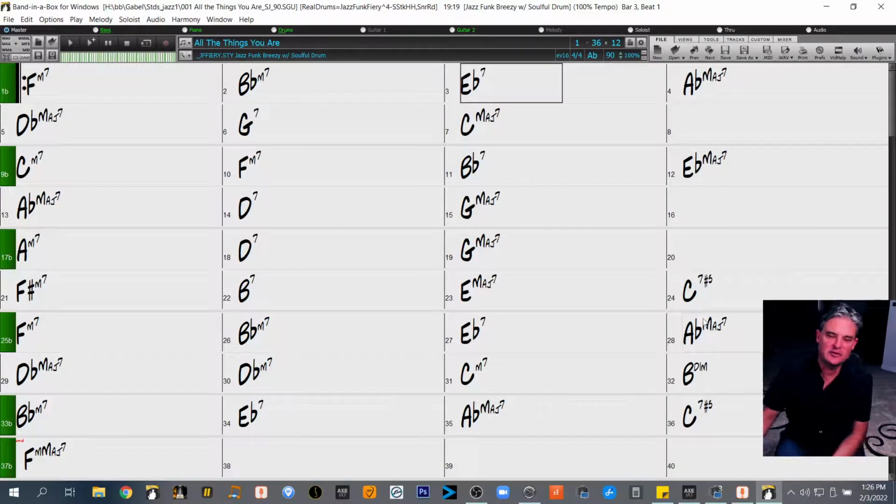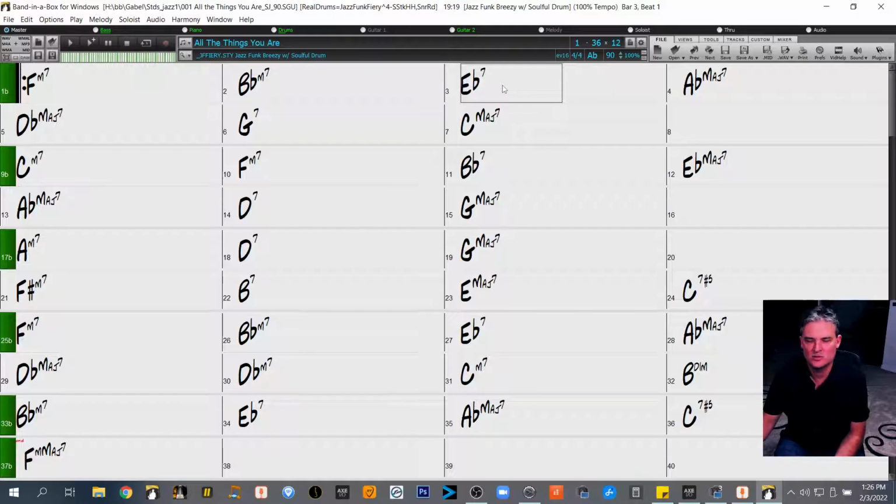So, all right, the first thing you want to do is find the dominant chord. The first dominant chord that appears in the tune is this E flat 7. Why is that the first chord we want to look at? Well, oftentimes the dominant chord is the primary dominant chord.